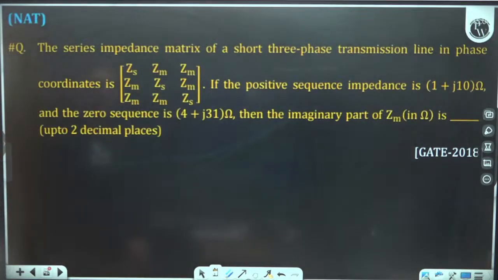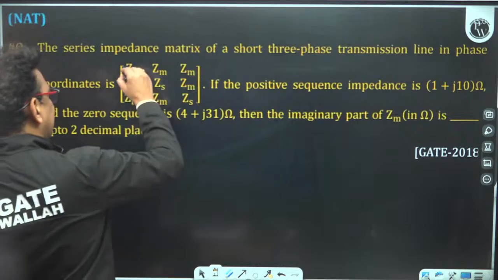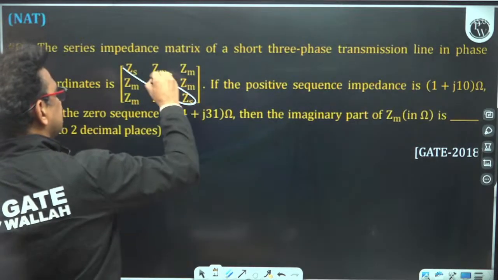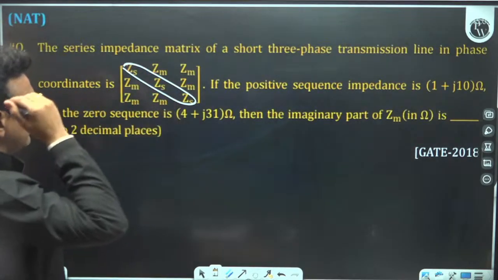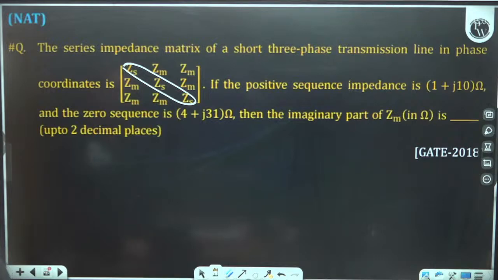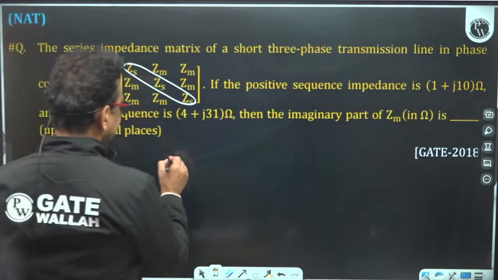Okay, next one. The series impedance matrix of a short transmission line is given. All diagonal elements are self impedance and the non-diagonal elements are mutual impedance. The positive sequence impedance is given, the zero sequence impedance is given. You have to find out the imaginary part of Zm. What is the positive sequence impedance?